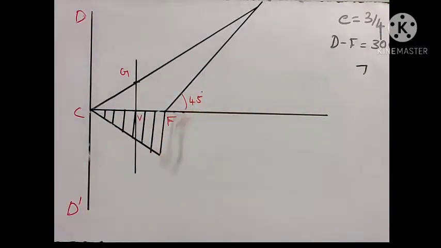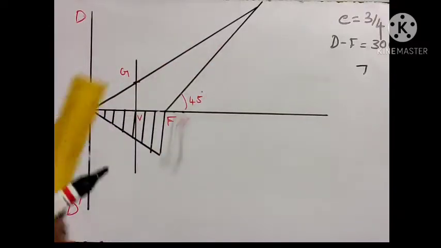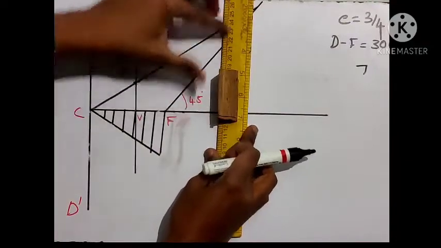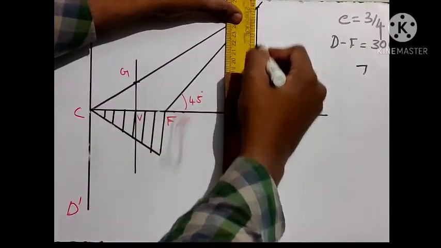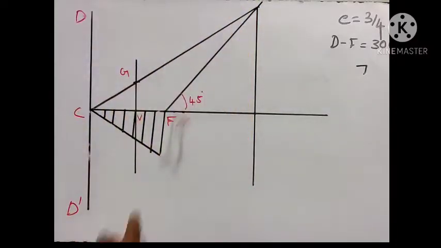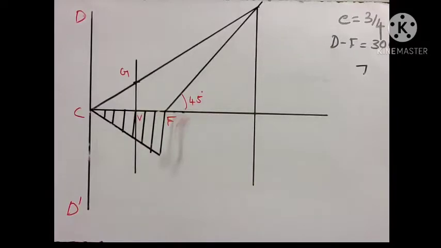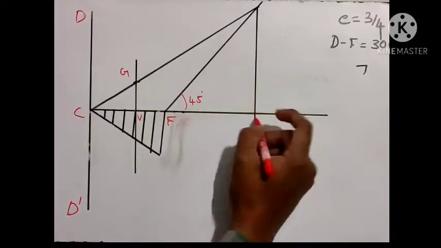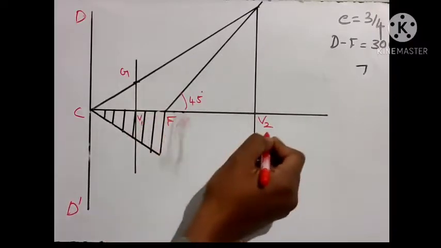Okay. So this line will intersect somewhere, right? So at that point you need to draw a vertical line. Something like this. Okay. So the intersection of this vertical line and the axis is nothing but the second vertex. You can call V1 or V2. If you call this as V1, this can be as V2.